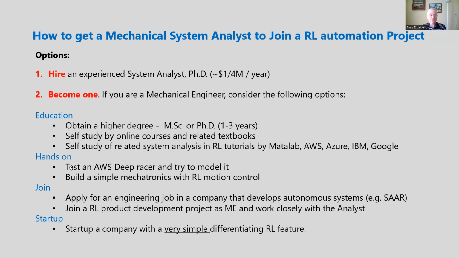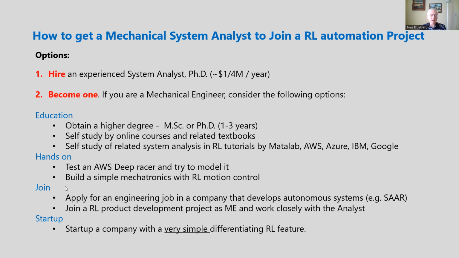You can also test Deep Racer, very interesting and exciting, and try to model it. There are international concepts which Amazon shares with the Deep Racer. The other option is to build a simple mechatronic system with reinforcement learning motion control.